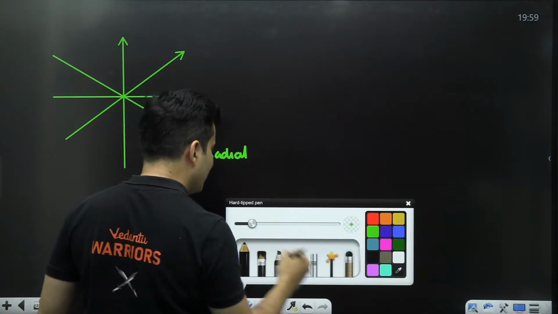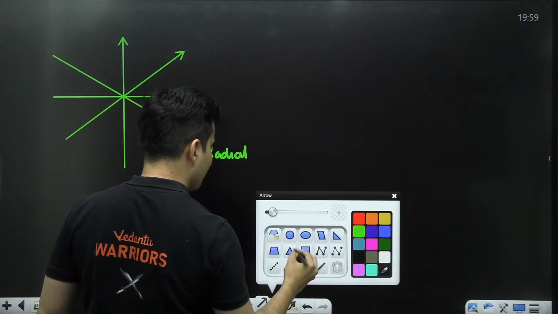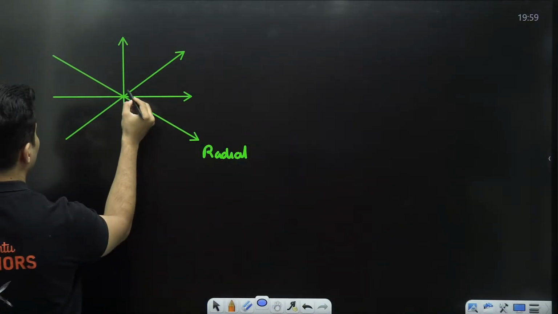And now in such a radial field, you are placing a coil.